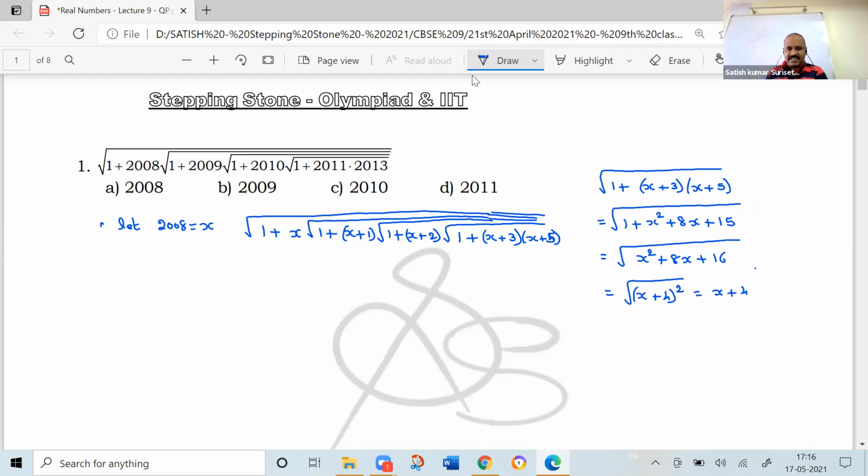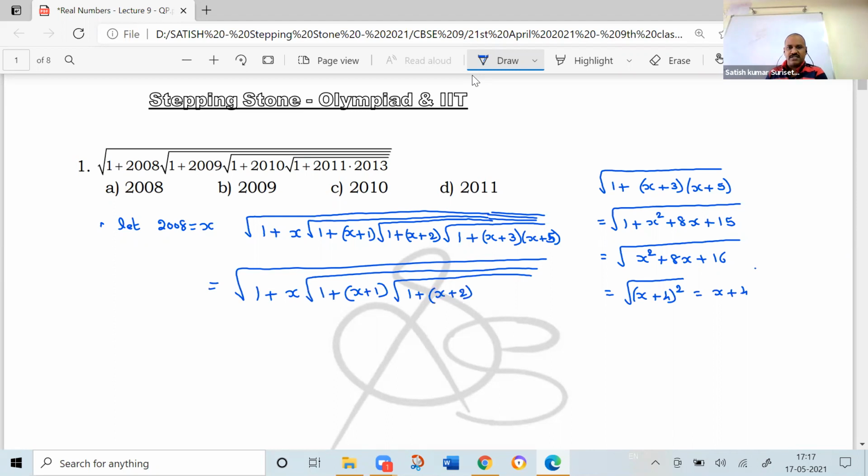Now replace the inside of the root with x plus 4. That means now it will be 1 plus x plus 2 into x plus 4. So square root of 1 plus x, square root of 1 plus x plus 1, into square root of 1 plus x plus 2 into x plus 4.